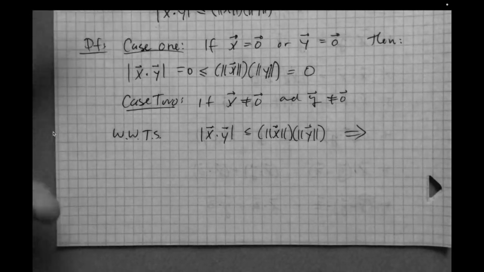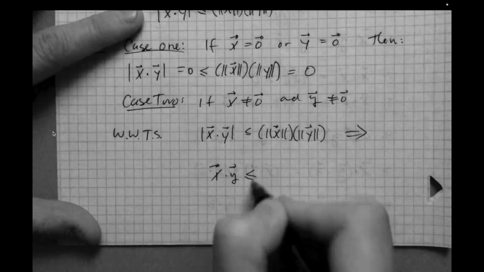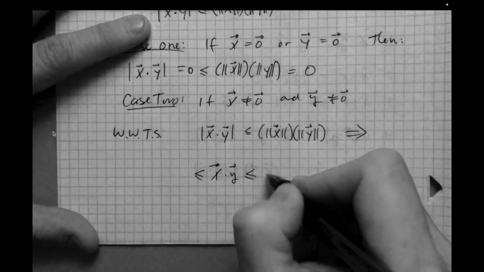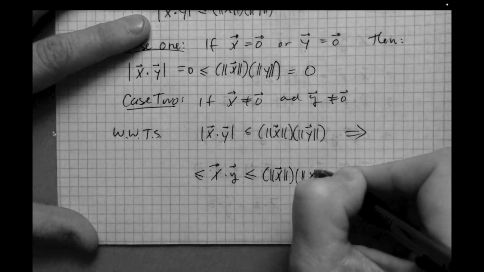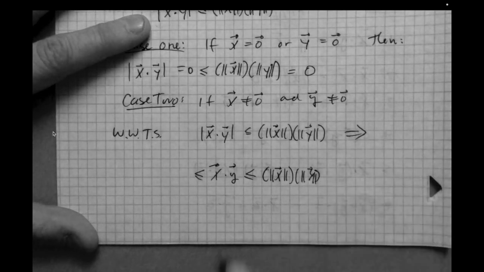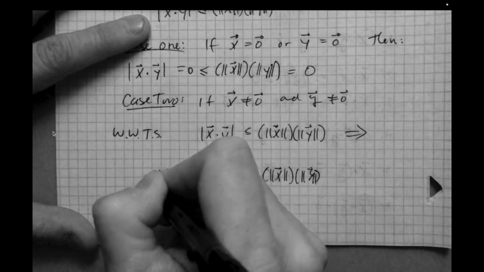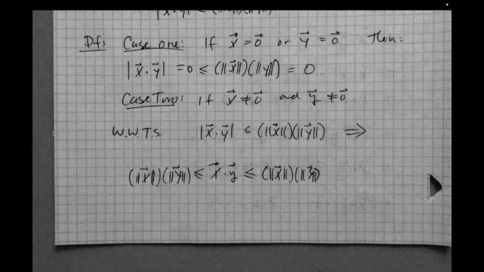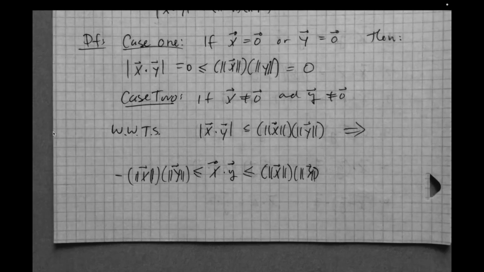Another way to say that is to say that x dot y is between these two, right? Oops, I'm writing this really sloppy. Right, so we can kind of unpack this thing here. Oh, and sorry, this should say negative. There we go.